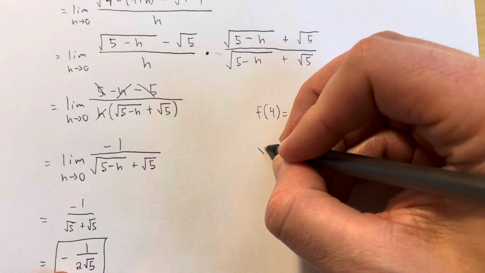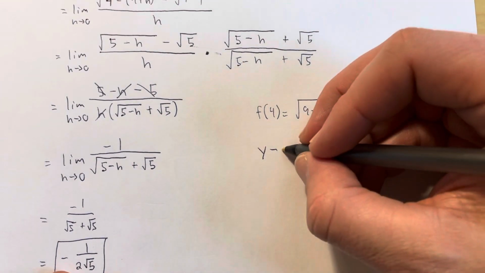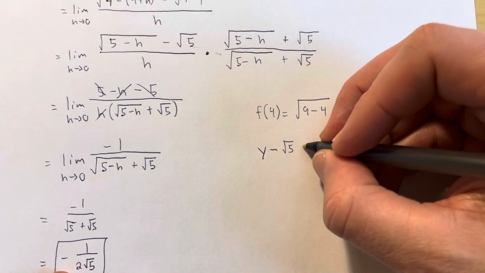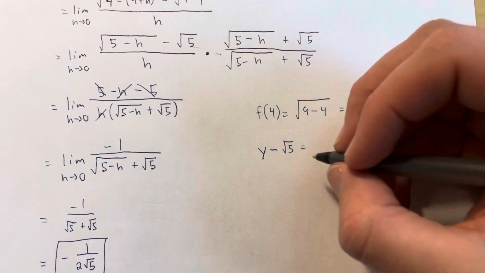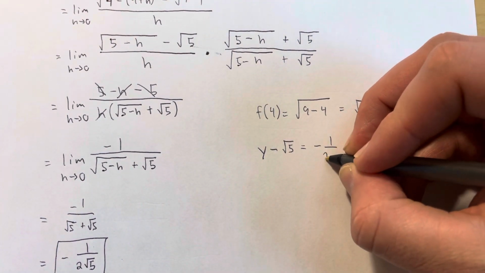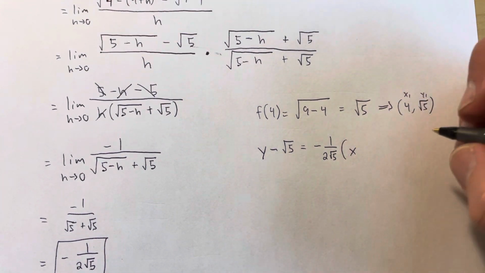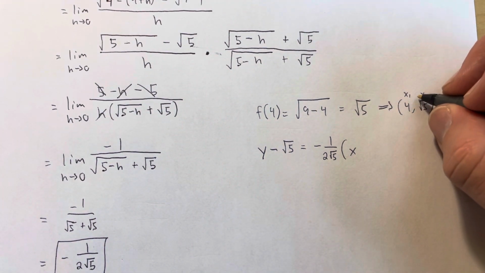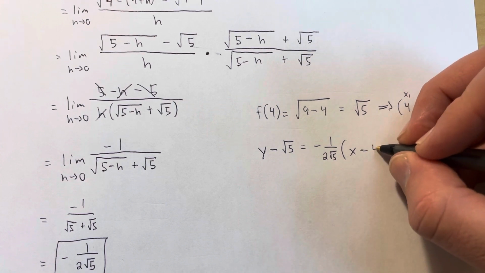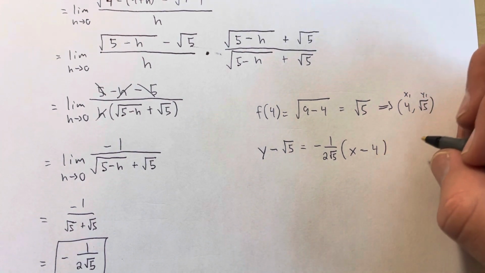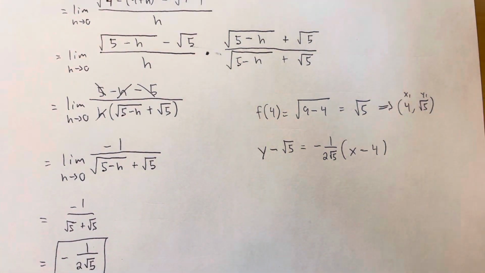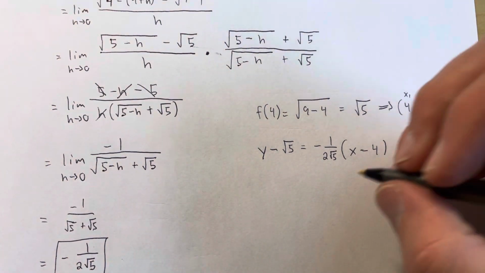So now what we have is y minus y1, so y minus root 5, equals our slope, negative 1 over 2 root 5 times x minus x1. So that would be minus 4. Okay? We can leave it in this form, or we can do some work on it.